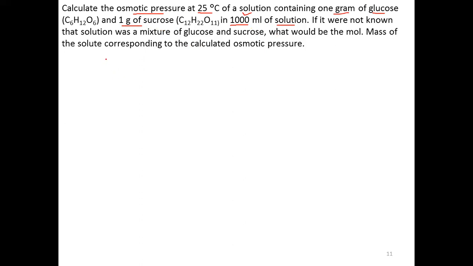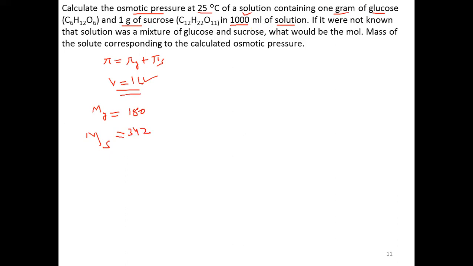So we have to calculate pi. Pi is equal to pi glucose plus pi sucrose, and for both these solutions V is 1000 ml or 1 liter. So V is 1 liter, and M glucose is 180 and M sucrose is 342.